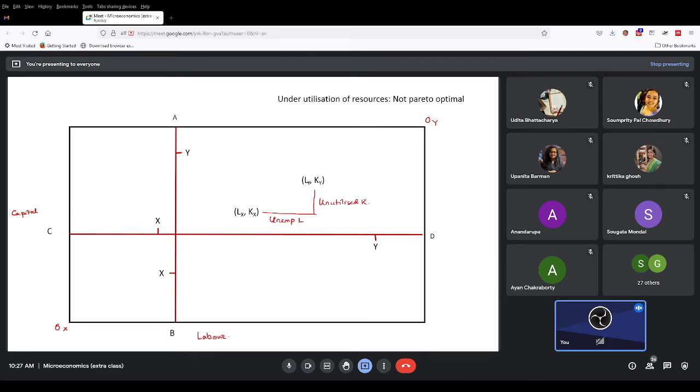This is unutilized capital. Right? This is the amount of capital that you are using in Y. This is Kx, this is Ky. If I look at labor, sorry, this is Lx and this is Ly.